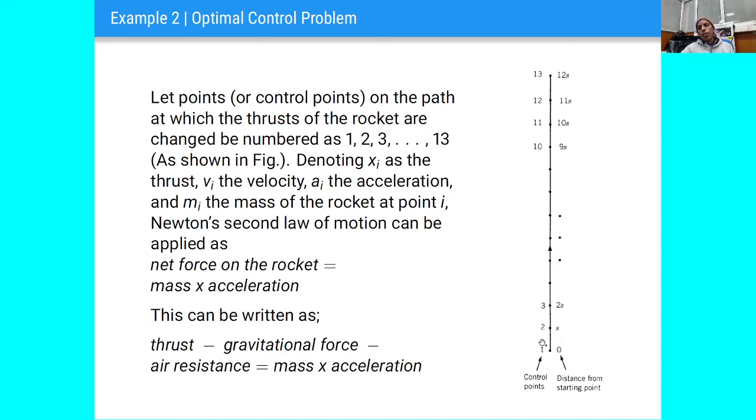The time taken by the rocket for traveling from control point 1 to 2 will be given as T1. Similarly, the time taken to travel from control point 2 to 3 will be denoted as T2.